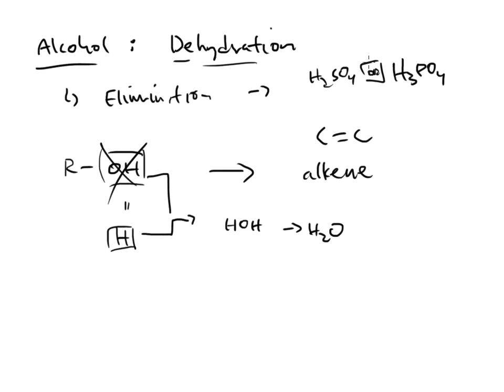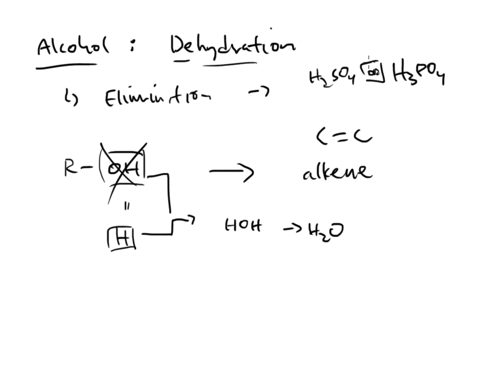Well, why not HCl? We don't use HCl because we've talked about HCl protonating the alcohol group, giving it a black eye, making it leave, and replacing it with chlorine. Well, why not HBr? We talked about that too.